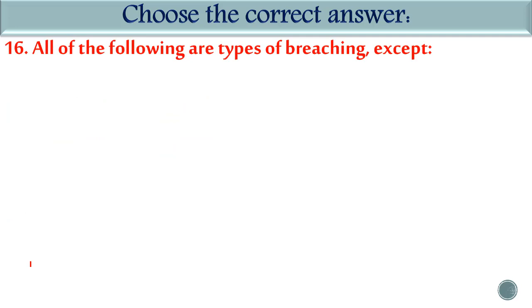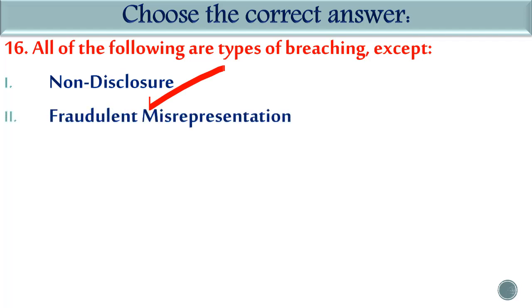Number 16, all of the following are types of breaching except. The breach can take one of 2 forms: non-disclosure, okay, so non-disclosure is one of these forms, or misrepresentation. It could also be a fraudulent breach or a non-fraudulent breach.